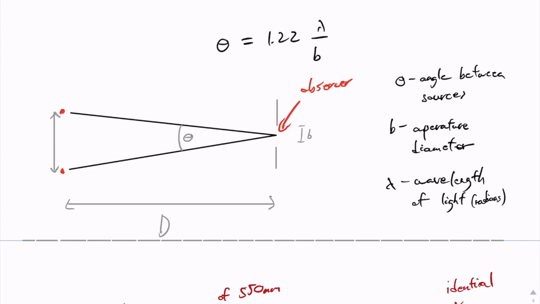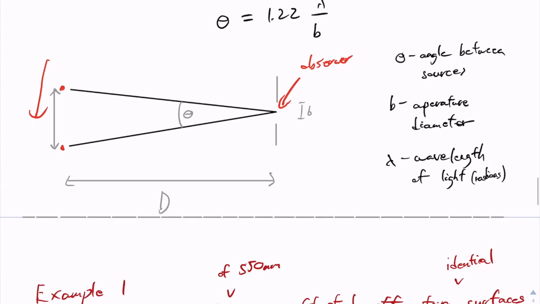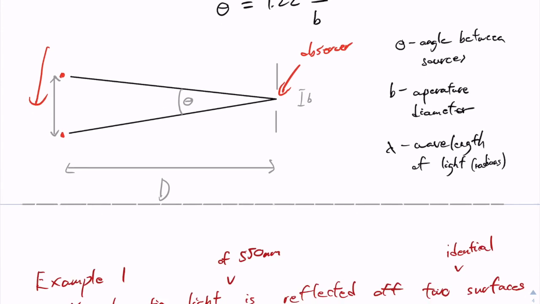Okay, so the observer is there, the aperture. And so big D, very similar to Young's double slit, is the longest distance between the objects and the observer. And then there is an additional distance here that can be calculated. We'll talk about this a little bit later, okay? And naturally, wavelength of the light is lambda.